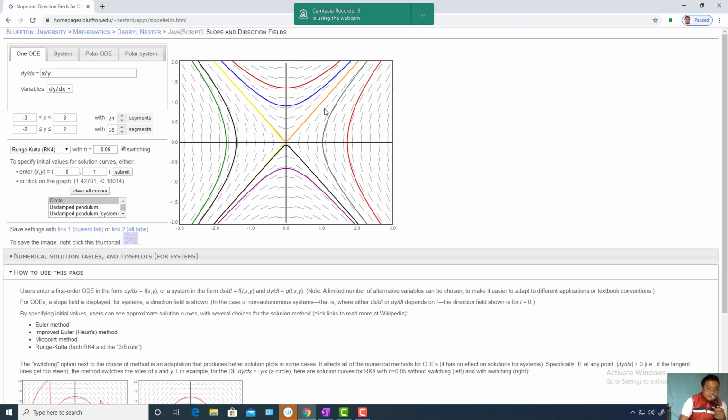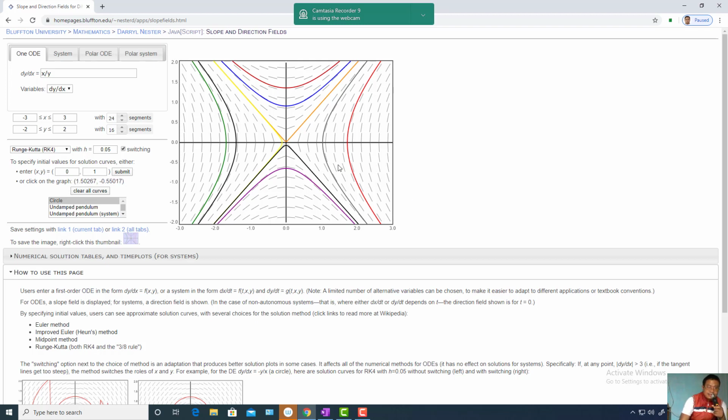You can go to the website. I will give you the name in the WhatsApp group also. Just type in Google slope and direction field of differential equation. There are lots of free software. You can use one of them, and I find this one very interesting. But this is very small.